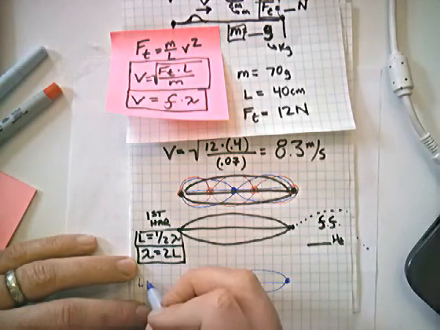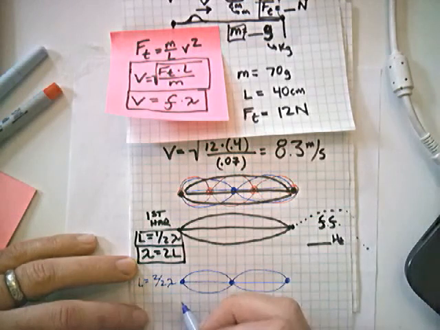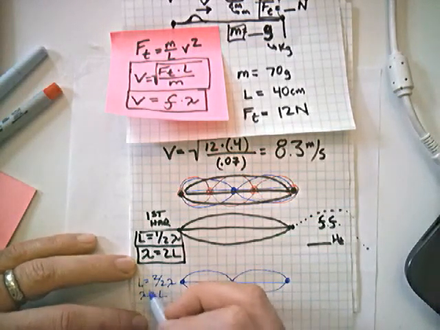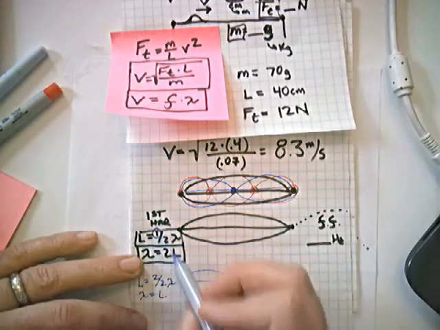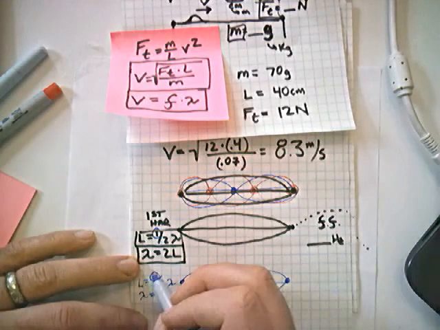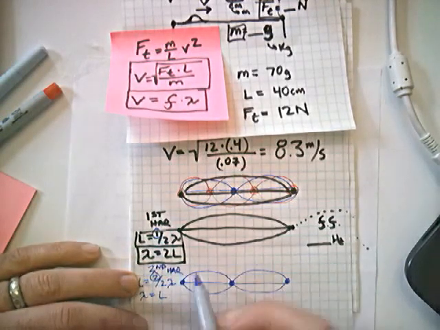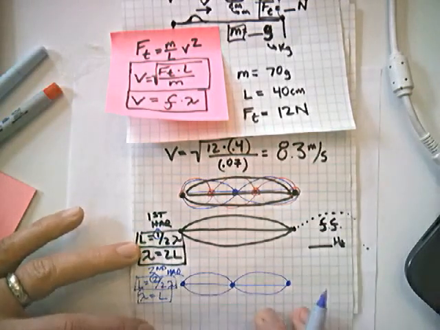L is going to be equal to 2/2 waves. So wavelength would equal L. And when I go to describe this, last time I looked at the number up here and it was 1. Now if I look at the number up here, it's 2. I would call it its second harmonic. And it would look something like this. Wavelength equals L.